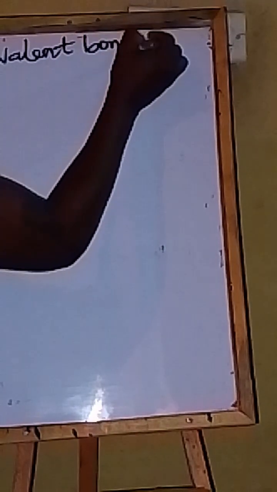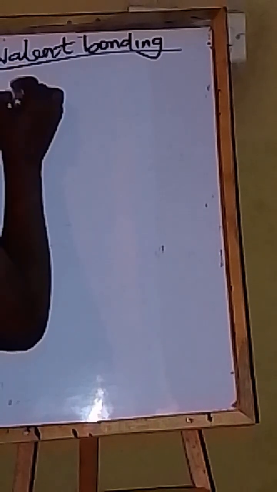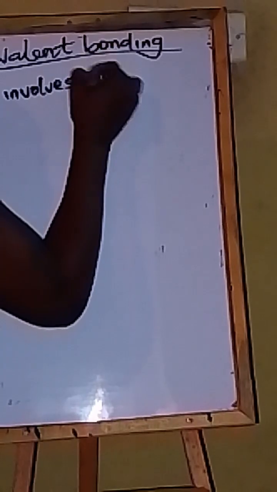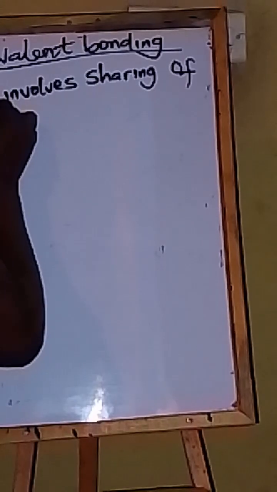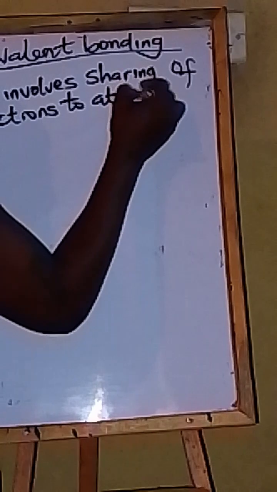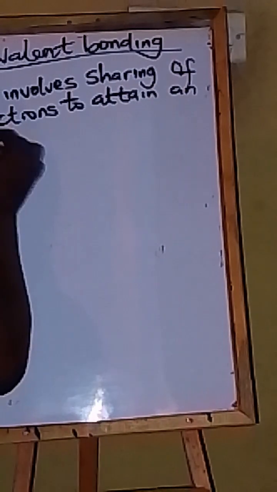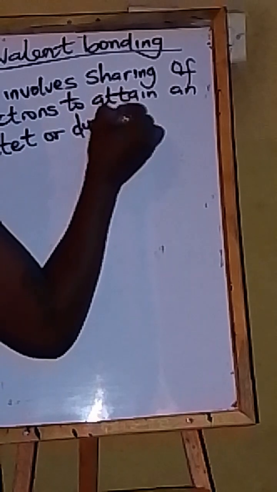In covalent bonding, it involves sharing of electron to attain an octet or duplex state.